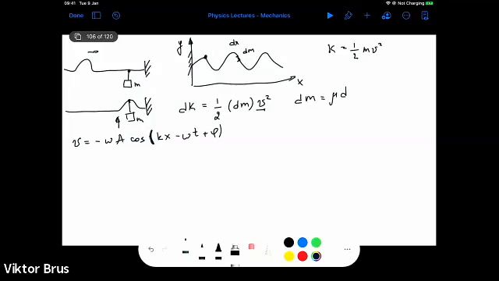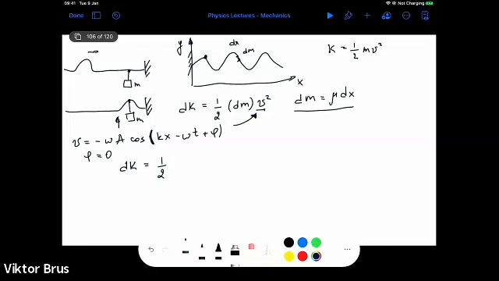So here we can assume that phi is equal to 0 for simplicity and substitute this equation instead of v for calculating the kinetic energy. So we will get dK equal to 1 over 2 times... oh sorry, here I forgot to put dx.